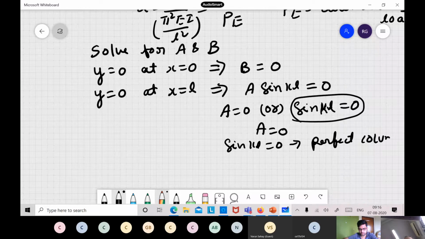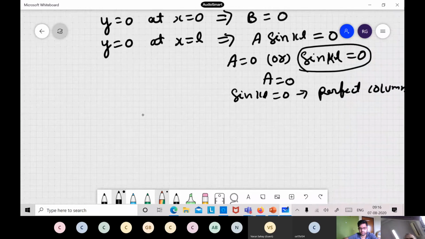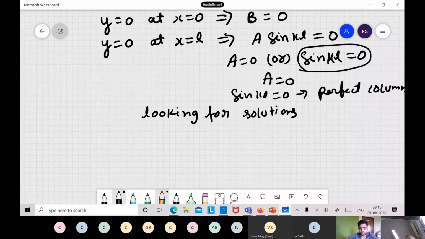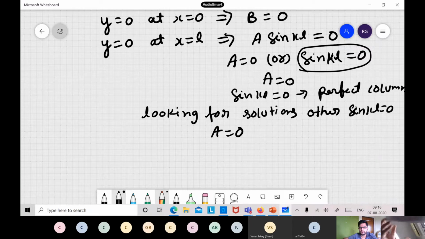We are looking for solutions other than sine kL equal to 0, so we ignore this, and because of this we force A to be equal to 0. So you will get an expression like this.